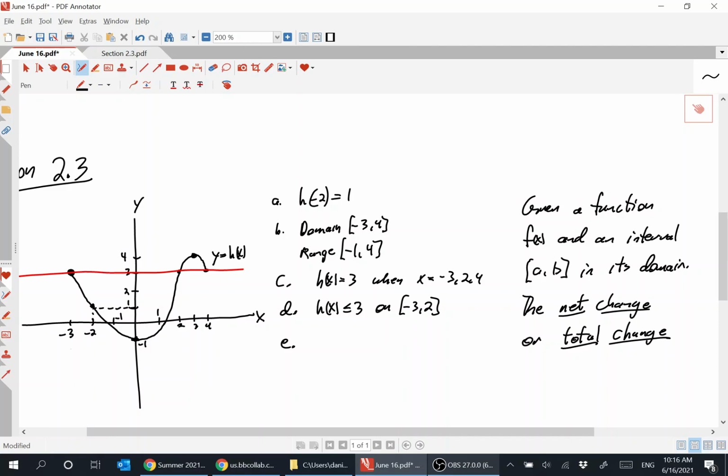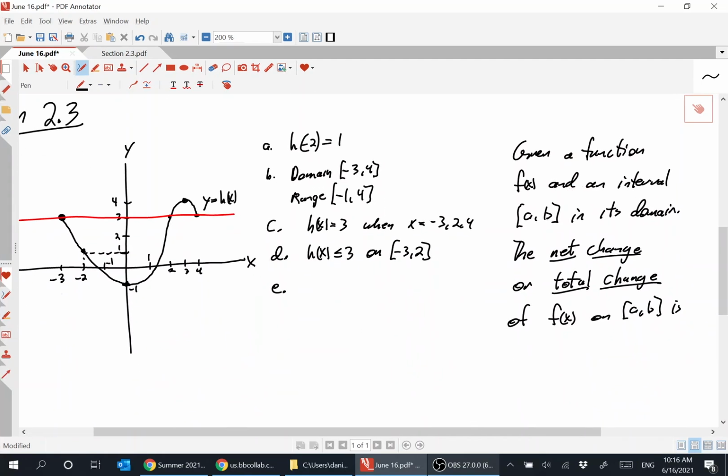The net change or total change of f of x on a, b is just f of b minus f of a.